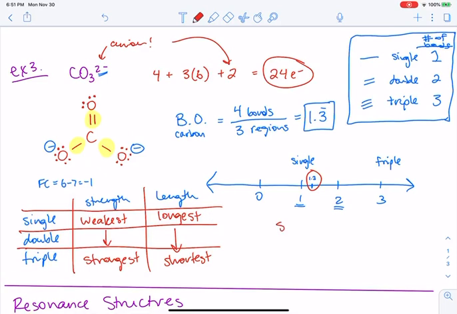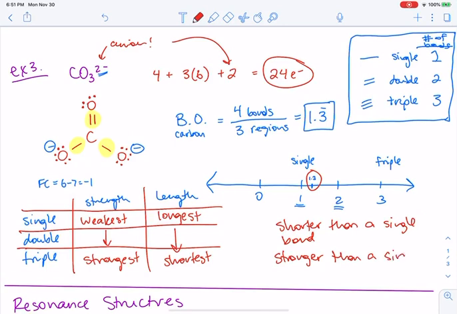So they are shorter than a single bond, right? Because they're a little bit closer to 2, and they're also stronger than a single bond because they're closer to 2, right? Look at this little chart that we have over here. So that's something about what bond orders can tell you.